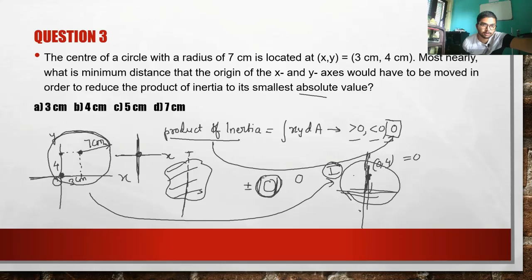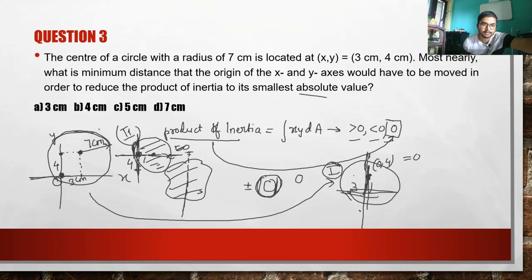Now the new center will be 3, 4, and this will be the circle. Now observe, the x-axis will be the axis of symmetry for this circle. Again the product of inertia will be 0. This is the second case, but this time the origin has to be moved 4 units from here to here. In the first case the origin was moved from here to here, that is 3 units.